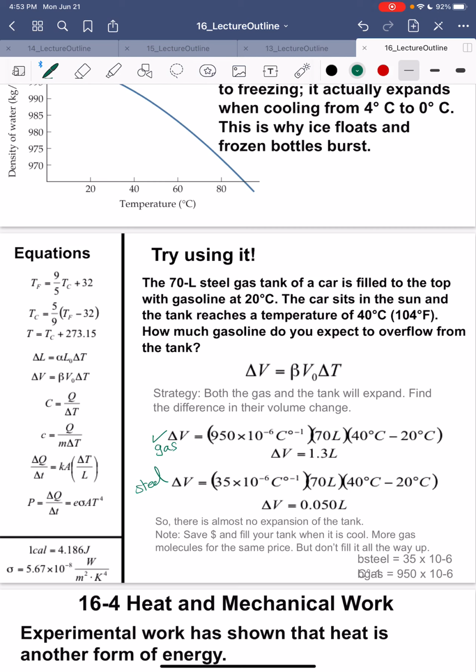And we will find that delta V for the gas is going to be 1.3, and for the steel it is going to be 0.05. So there is almost no expansion of the tank, it is very negligible. And I will say some people save money by filling the tank when it is cold. More gas molecules for the same price.